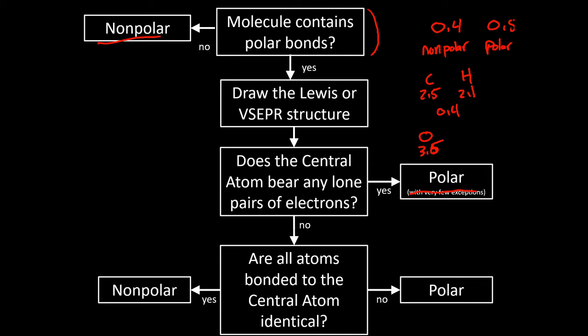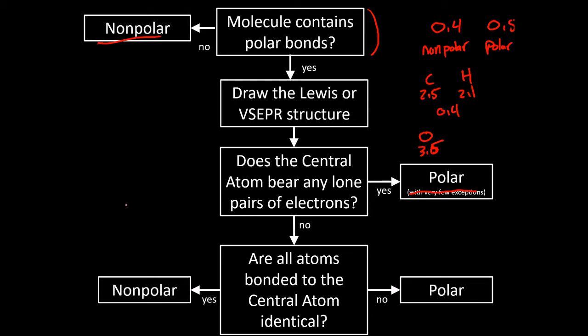If the central atom does not have any lone pairs on it, then we need to ask ourselves, are all the atoms bonded to the central atom identical? And if they are, then we have a non-polar molecule.